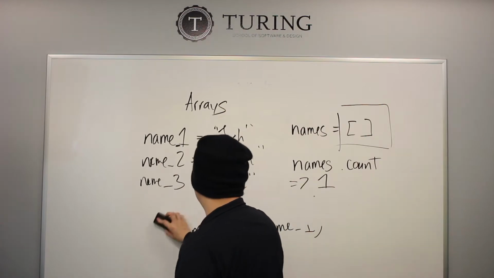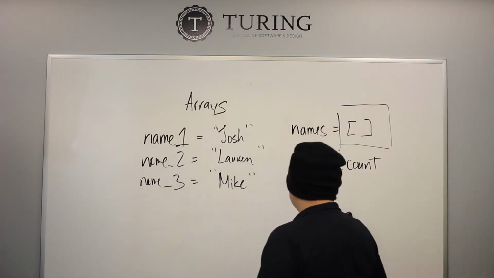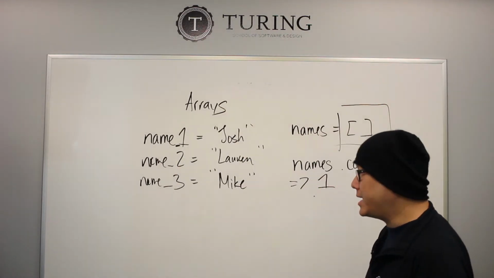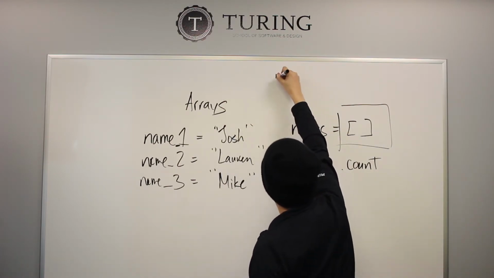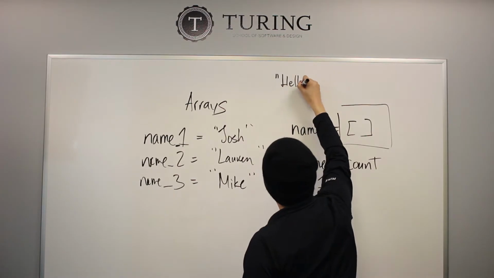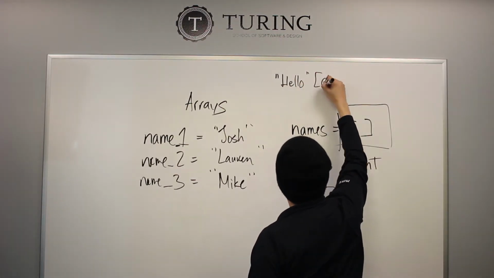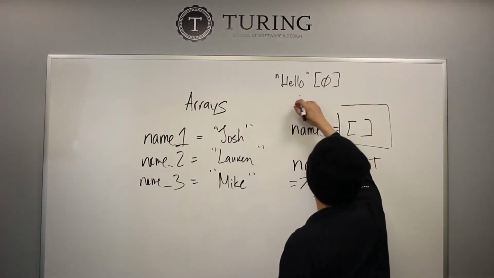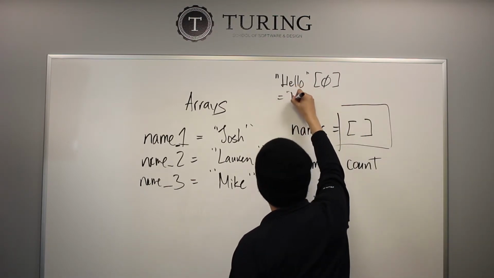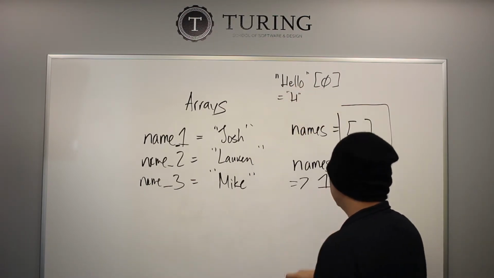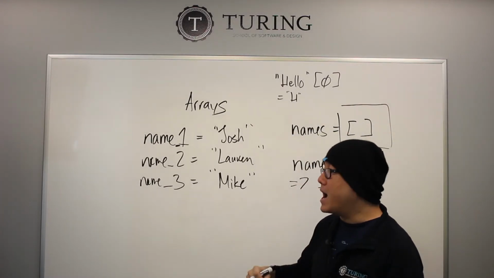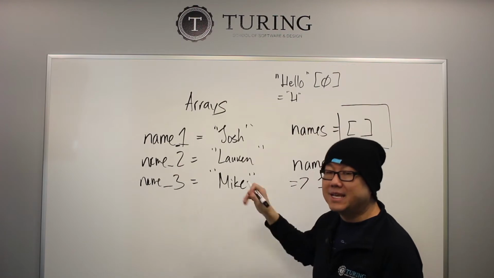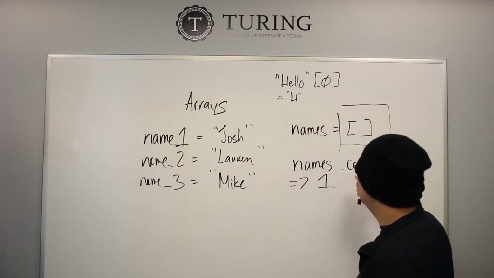Previously with strings, we saw that we could access letters in a string by index. If I had the string hello and put bracket 0 on the end of it, I knew that this was going to give me the string H. This kind of bracket notation, accessing things by index, works exactly the same way in arrays.